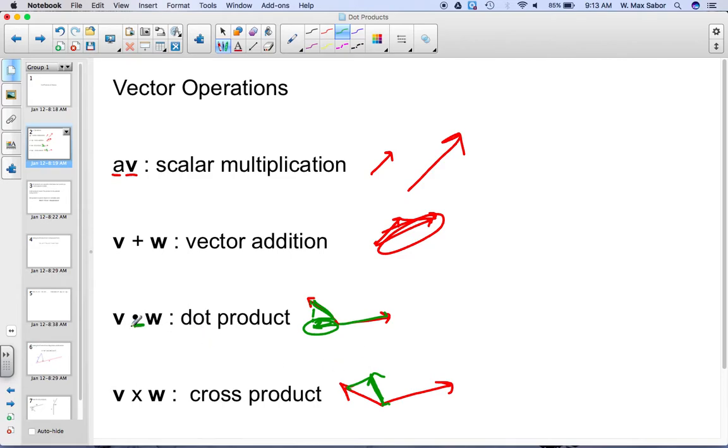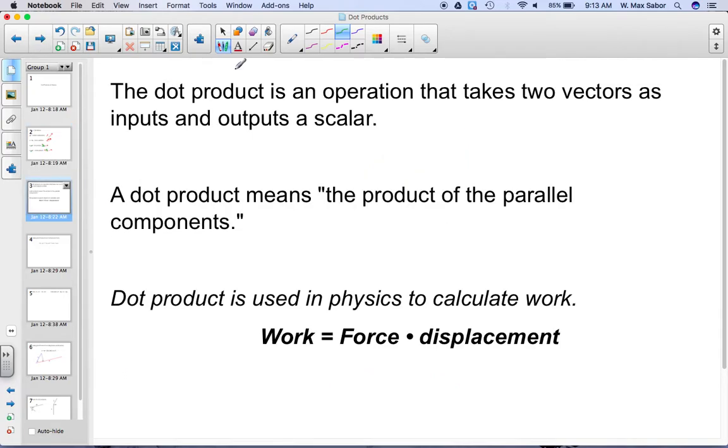It is important to note that the dot product and the cross product have a dot and a cross to symbolize them, and you cannot switch them. So please make sure that when you're calculating a dot product, you use a dot, not an X, to represent the multiplication. So the dot product is an operation that takes in two vectors as inputs and outputs a scalar.